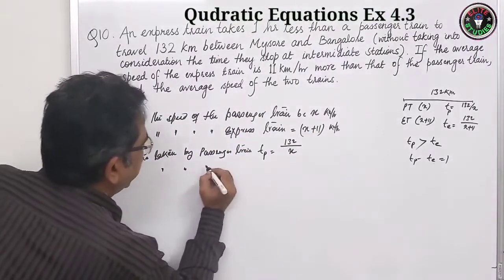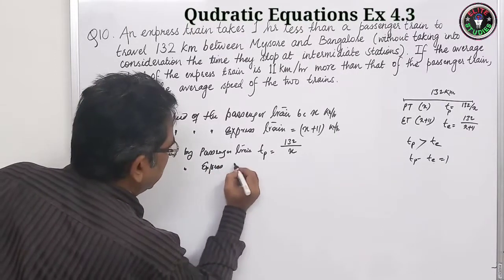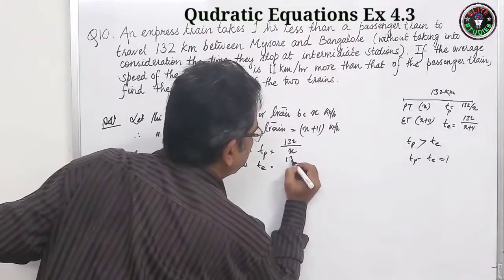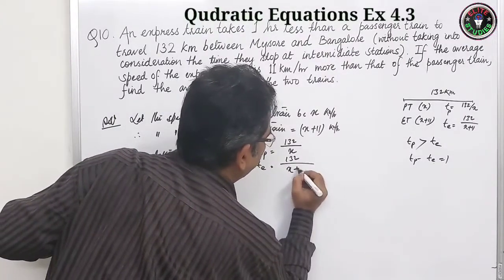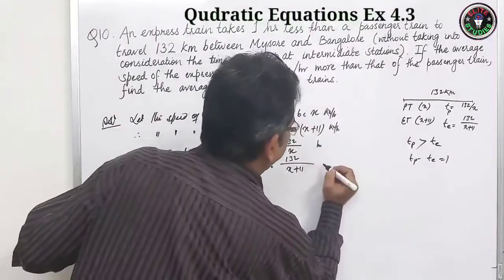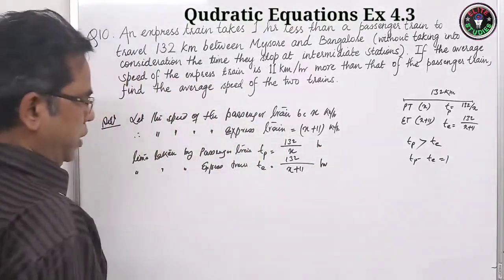The time taken by the express train, TE, is equal to 132 by x plus 11. You can write the units here, but if you don't write, it is also understood.